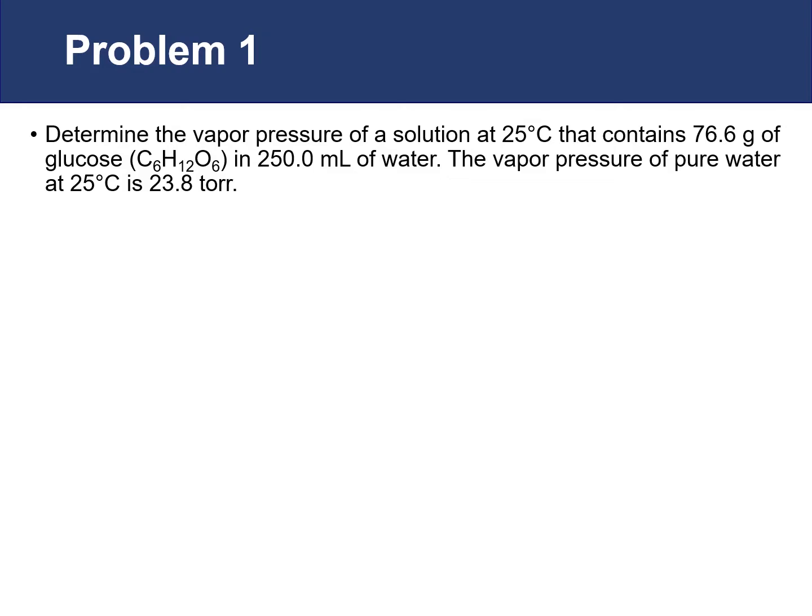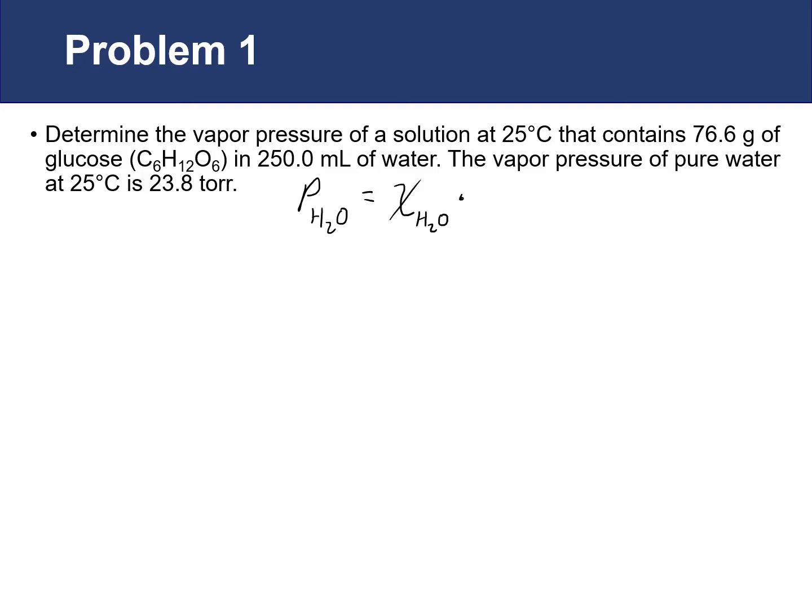First thing we'd want to do is write out our equation so we get an idea of what we're looking for. So Raoult's law for vapor pressure is the pressure of the component, in this case water, is equal to the mole fraction of our component, in this case water, times our vapor pressure at that particular temperature.